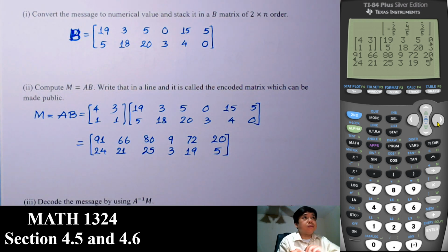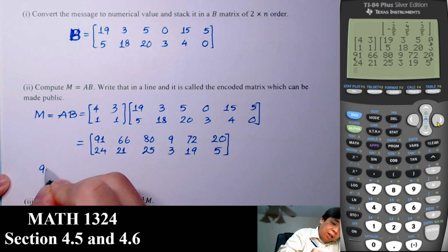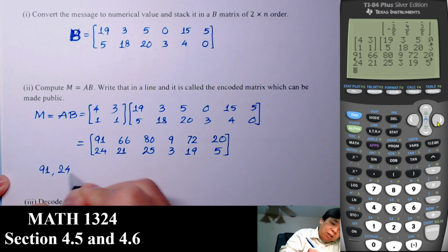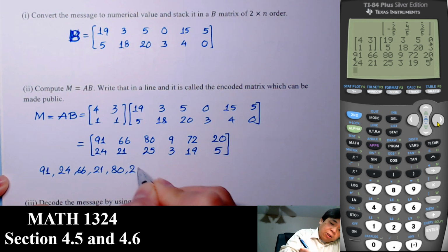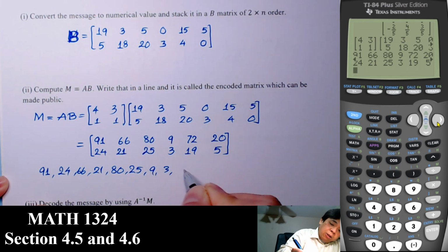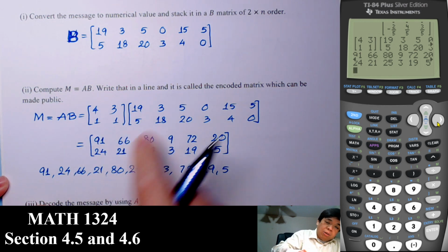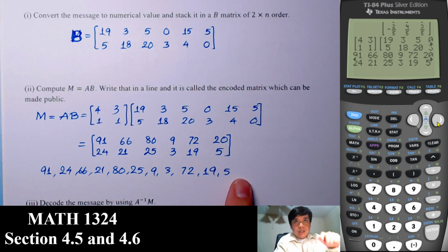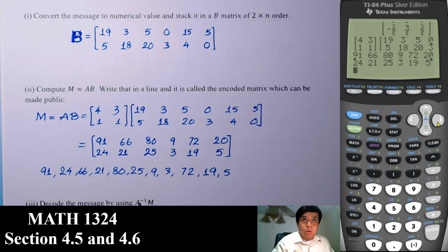So that. We're going to make this public. Actually, we're just going to make this list of numbers public, and we just write that in columns. We make this list public because people in the public, if they don't have the inverse, won't be able to decode this.